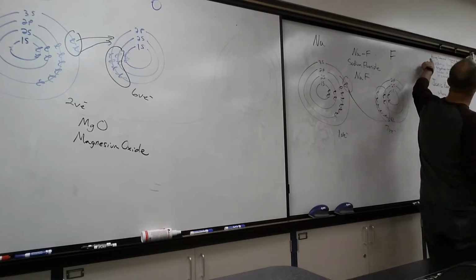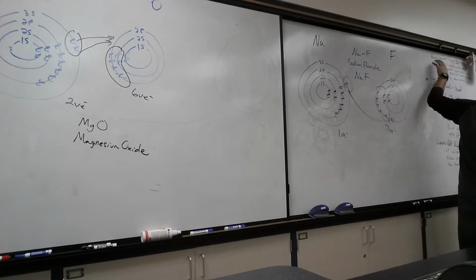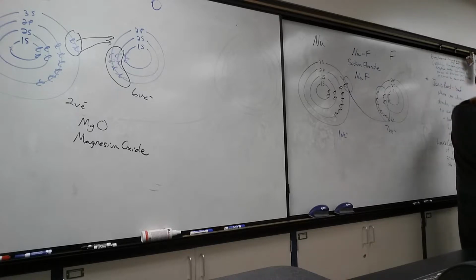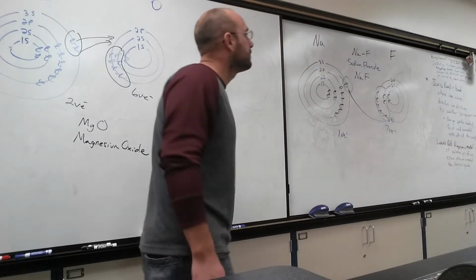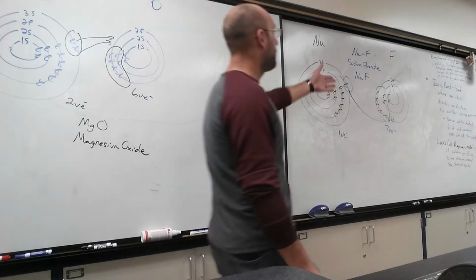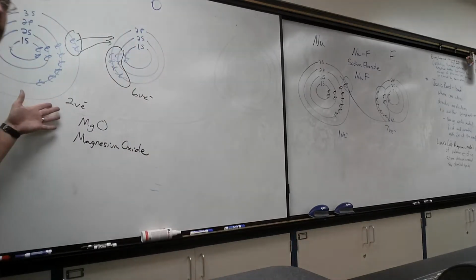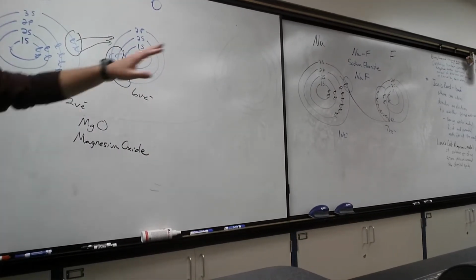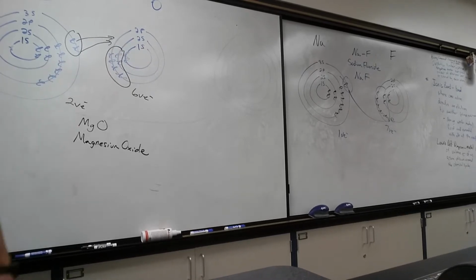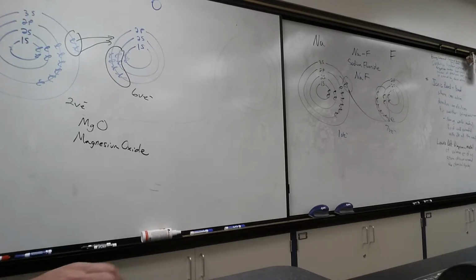Bi means 2, right? So this would be a binary ionic compound, and this would be a binary ionic compound. Does that make sense? Both of those would be binary ionic compounds. Ionic compounds: metal donating to non-metal, between 2 atoms.